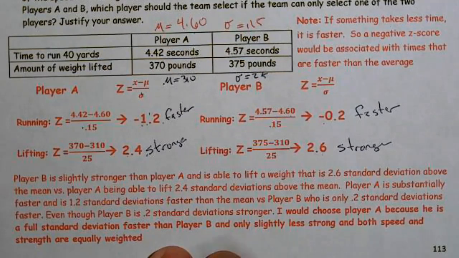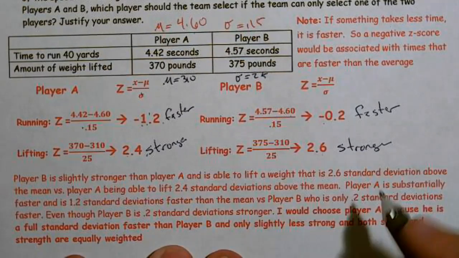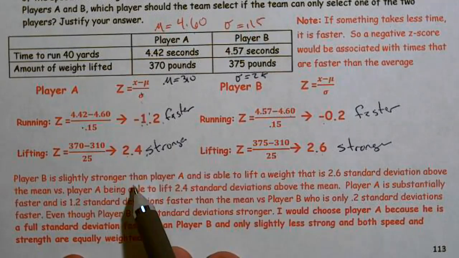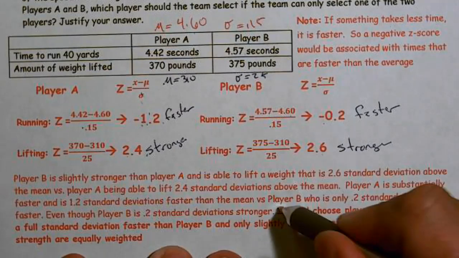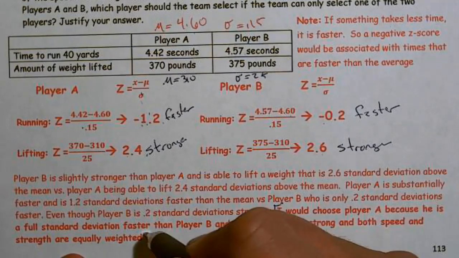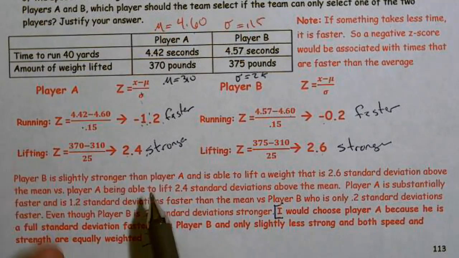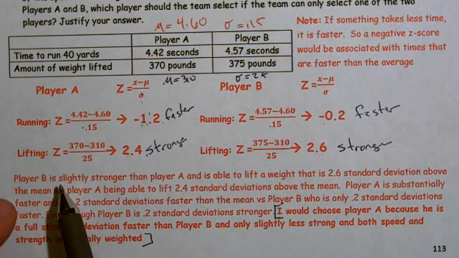speed are equally weighted. This is the important statement, because I had to show my math, and then I have to make a decision. This decision should be phrased along those lines. I should also be saying what all this means. Having a calculation with no meaning is not good, so I have to give some meaning.